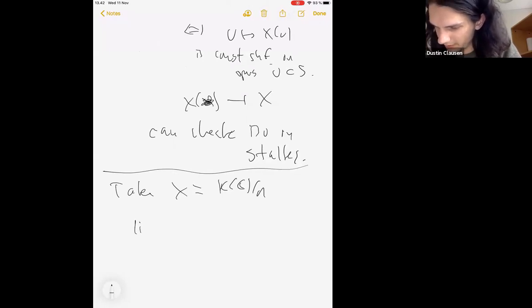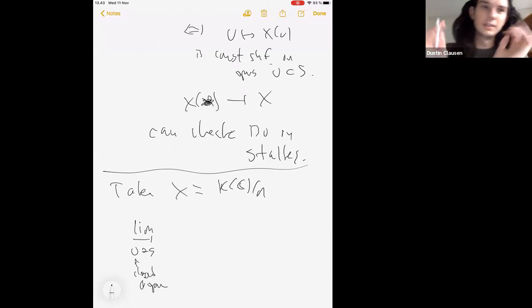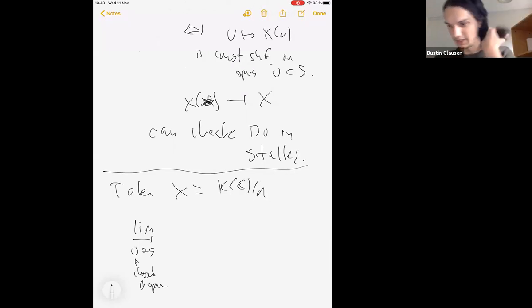So we have the filtered colimit over all U containing S of X of U. If we take this to be closed and open, these sets are totally disconnected. They have a basis for the topology consisting of closed and open subsets, which will themselves then also be extremely disconnected. And we've specified the value of our condensed K theory on extremely disconnected spaces.